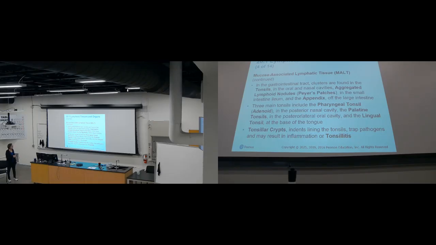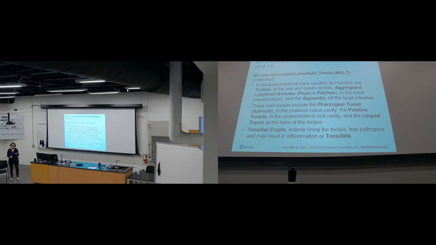These get easily infected by bacteria, and sometimes these bacteria can lead to pus. So this is like the strep throat that we famously know. And then at the base of our tongue, we have a tonsil. This is called the lingual tonsil.